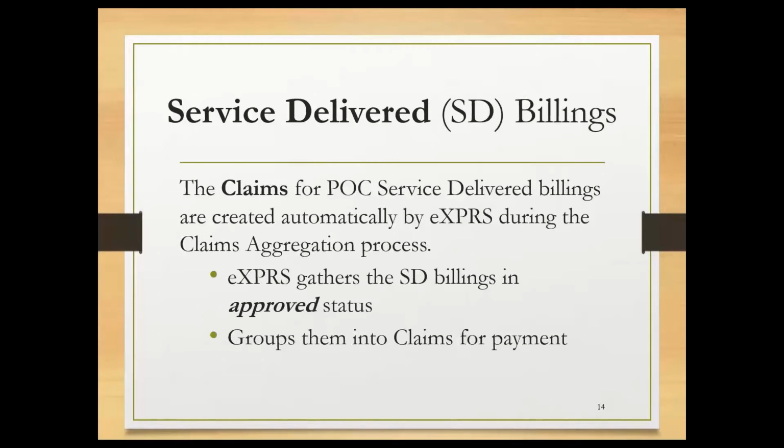The system will then automatically gather up those billings and put them into a claim for payment. So you may have multiple SD billings in a single claim, and then it processes those claims through its validation checks to make sure the claims are okay to pay. And then it's that claim that gets processed that will send you your payment for the services you've provided.